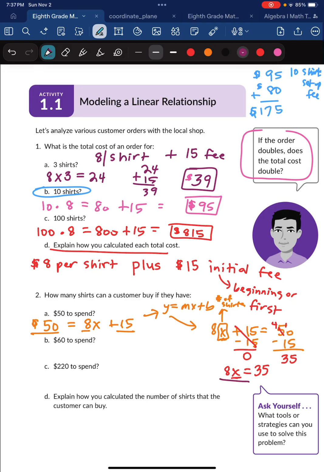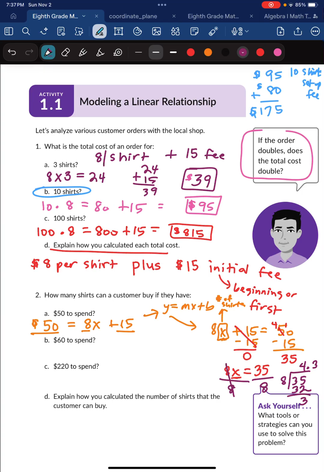So I'm going to divide both sides by 8 so I can get that x by itself. So that goes away. And then I have 35 divided by 8. 4 times 8 is 32 with 3 left over. So can I buy 4.3 shirts?